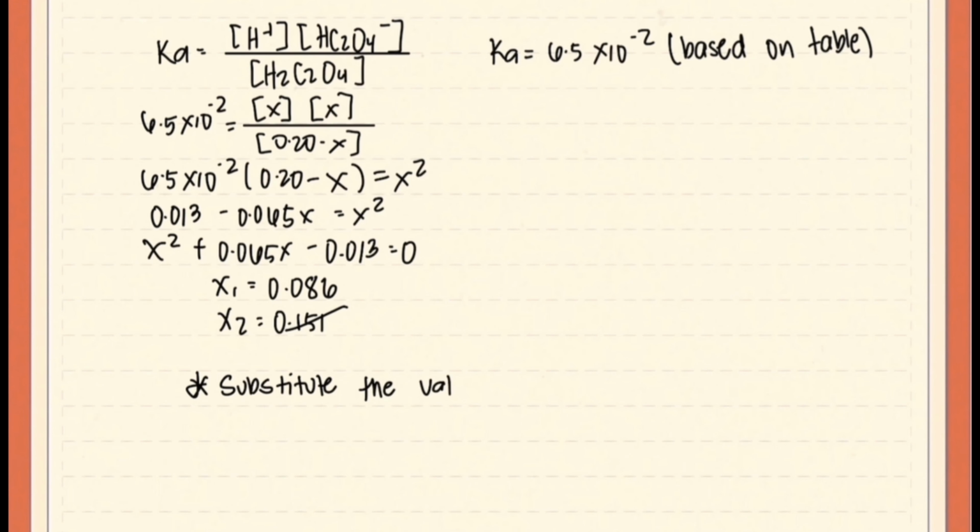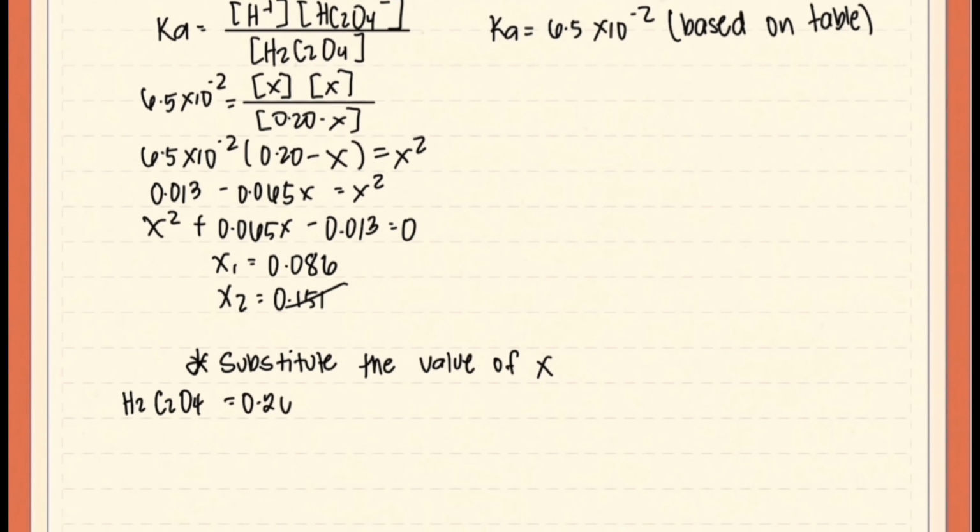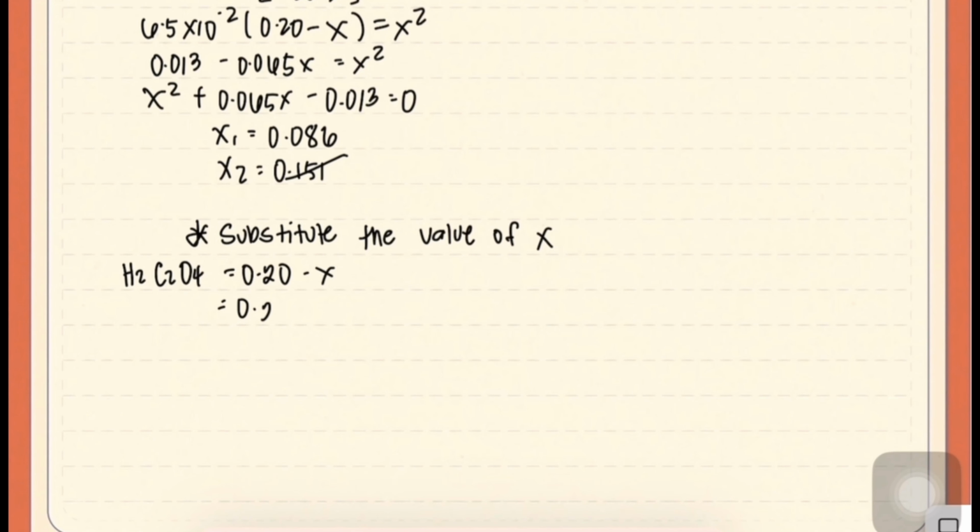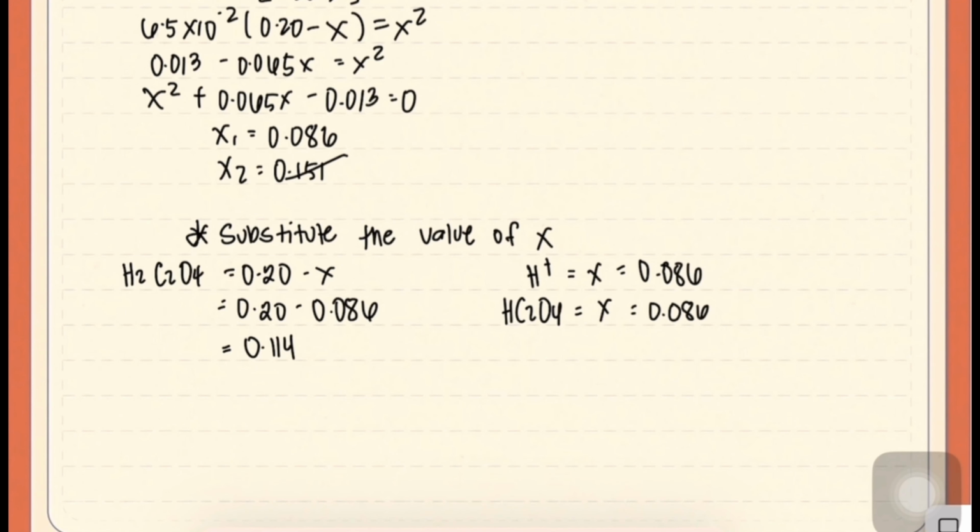The x sub 2 can lead us to a negative concentration, which is not possible, so we should cancel this out. Pwede na natin ngayon i-substitute yung ating value ng x to get the concentration of the reactant and our product. Makukuha natin yung concentration ng ating oxalic acid, which is equal to 0.114, and yung ating products, which is the hydrogen and hydrogen oxalate ion, which is equal to 0.086.